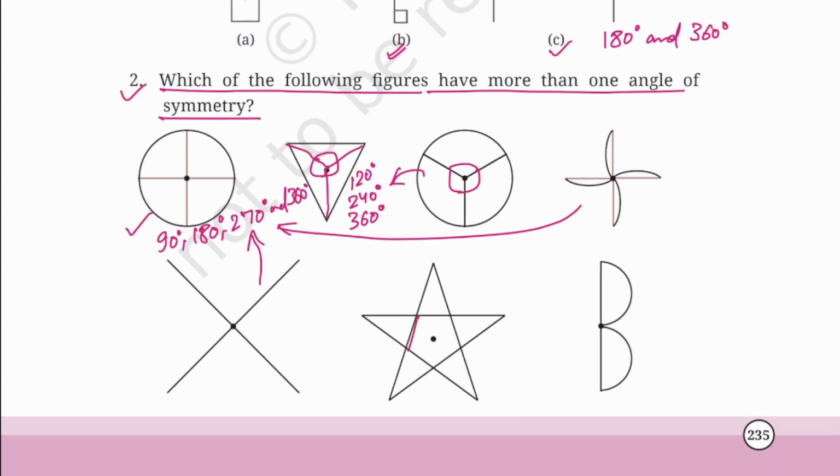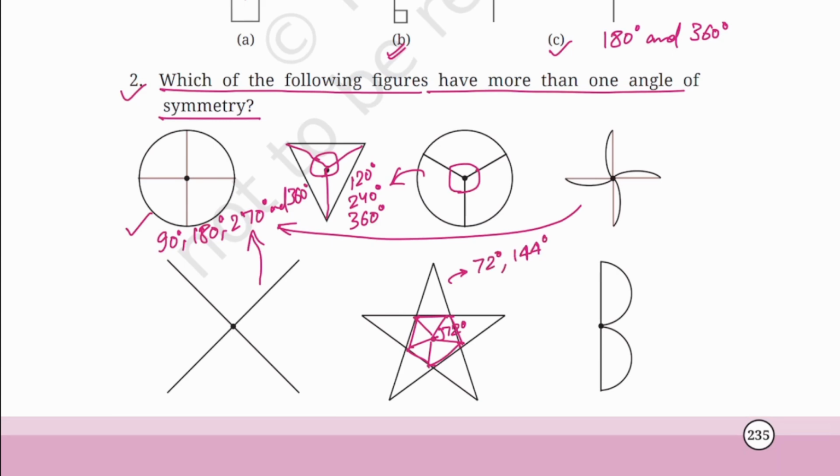You can see in this figure a pentagon at the center. So the angle made by one side will be 72 degrees. So angles of symmetry will be multiples of 72 degrees.